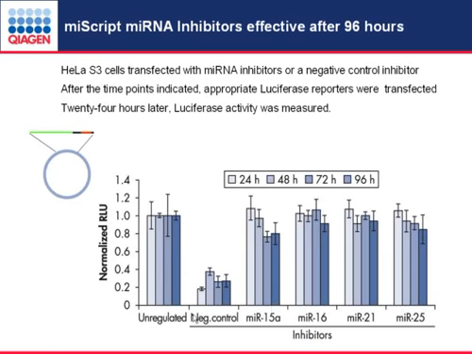And a reporter construct that is not regulated by any microRNA was used as a positive control. And 24 hours later, luciferase activity was measured. Through 48 hours, there is 100% inhibition of microRNA activity for miR15A, miR16, miR21, and miR25 as measured by luciferase activity. Even at 96 hours, there is sufficient inhibition of microRNA activity, demonstrating the effectiveness of the microRNA inhibitors.